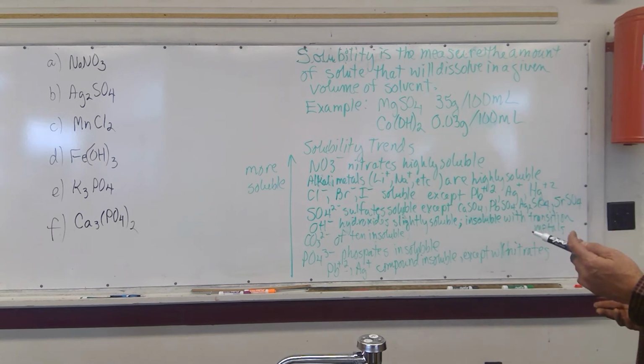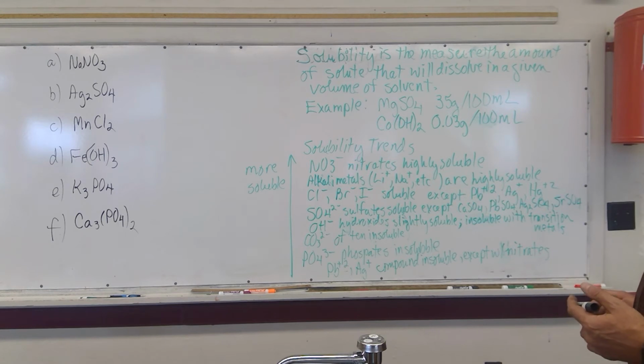Our 6 are sodium nitrate, A; silver sulfate, B; manganese(II) chloride, C; iron(III) hydroxide, D; potassium phosphate, E; and calcium phosphate, F. Take a look at the solubility trends and see if you can predict whether you will have a soluble, slightly or low soluble compound, or an insoluble compound. Pause the video and take a minute to make your predictions, and then start it up again and let's see how you did.